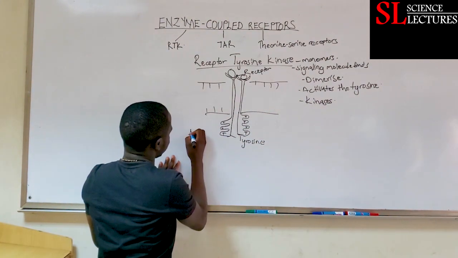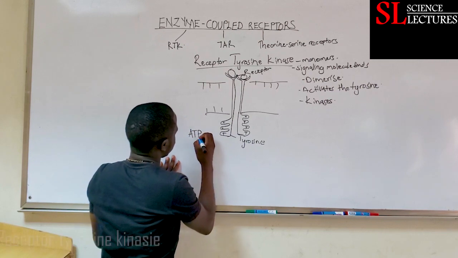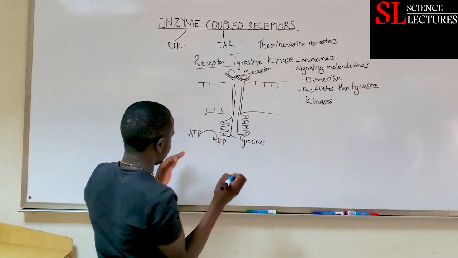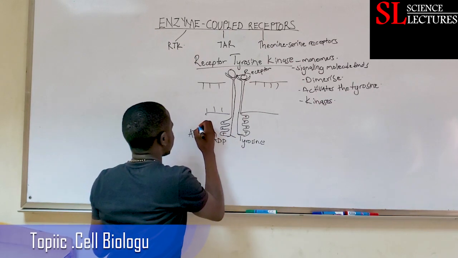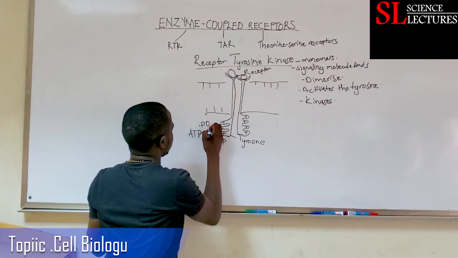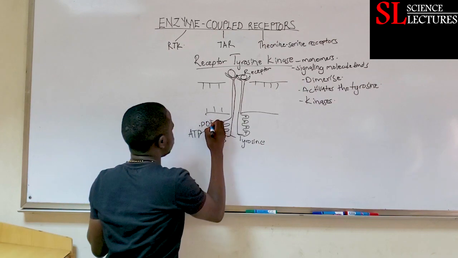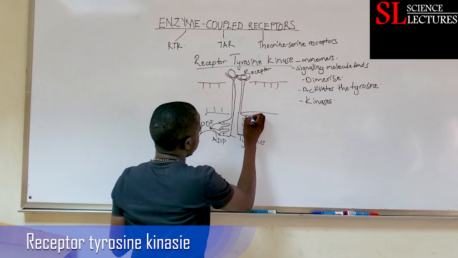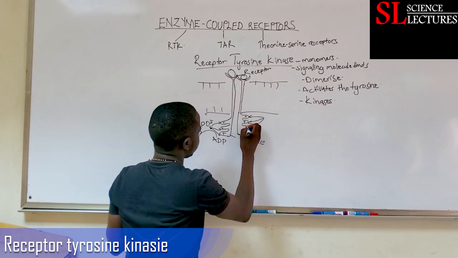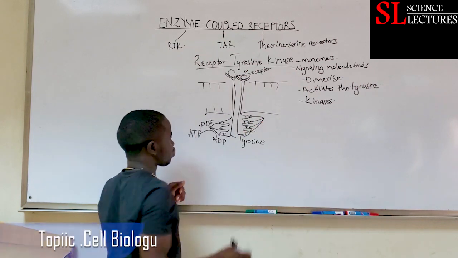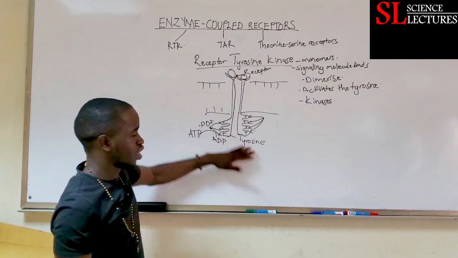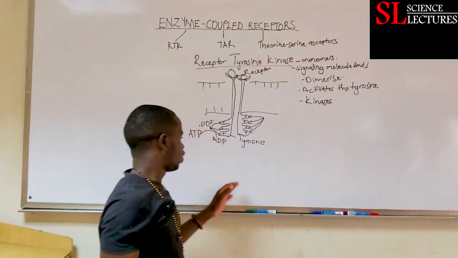Therefore, they shall take ATP and remove phosphates and transform it to ADP. These phosphates that are removed shall be added to these tyrosine proteins here. However, when these tyrosines are phosphorylated, that means they become activated.